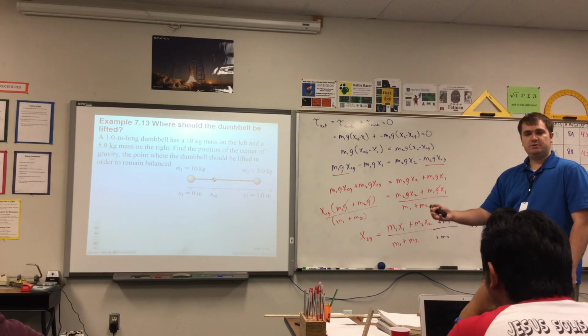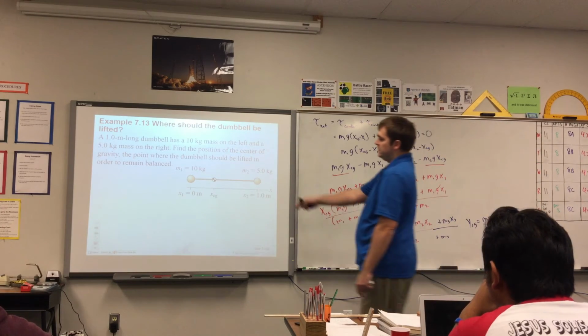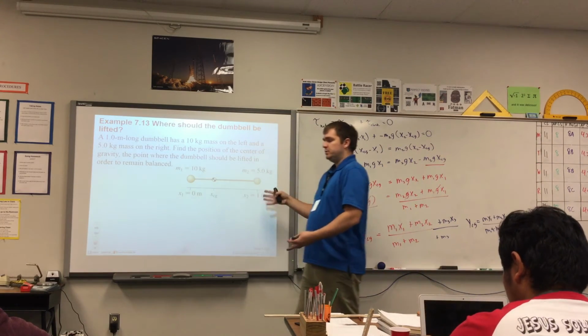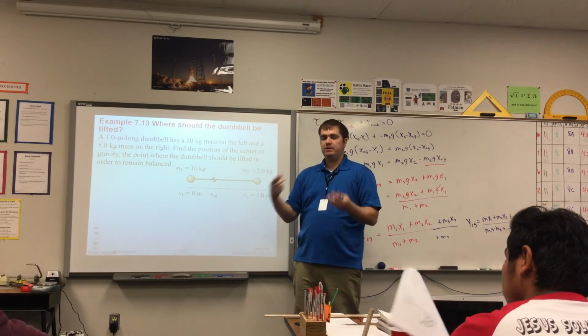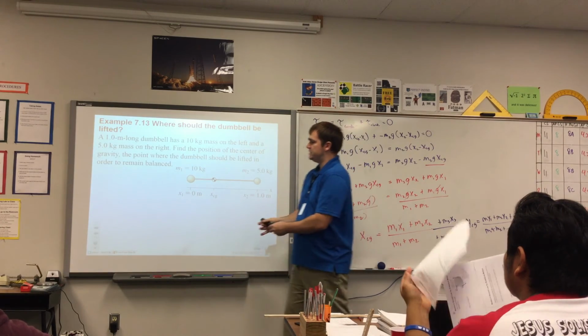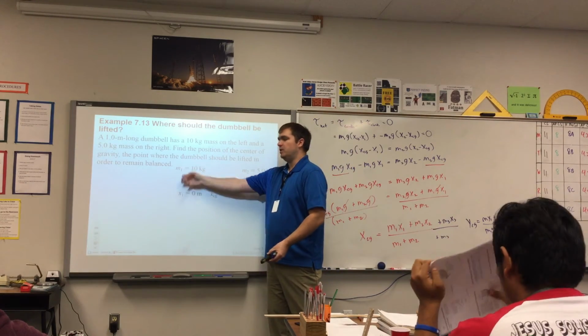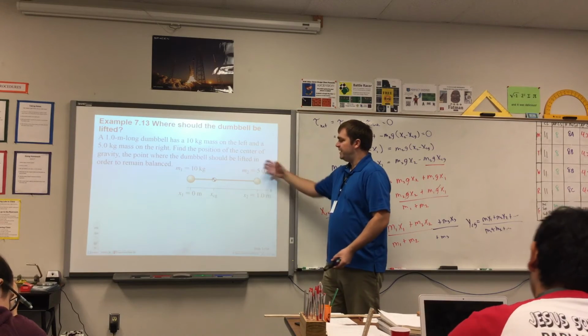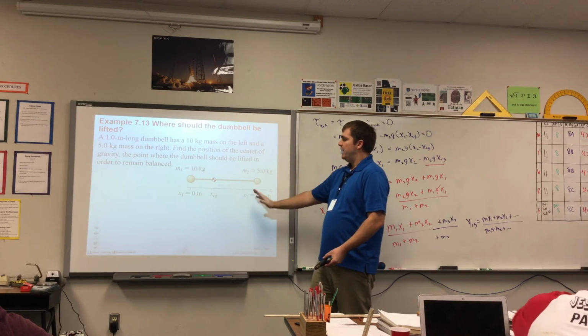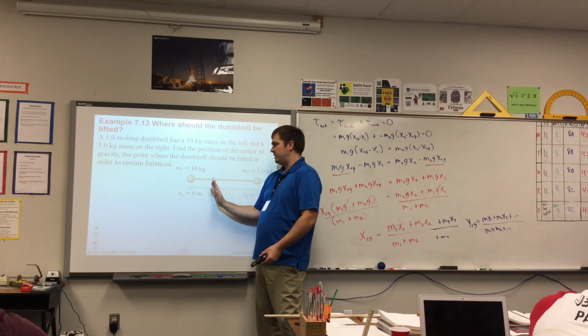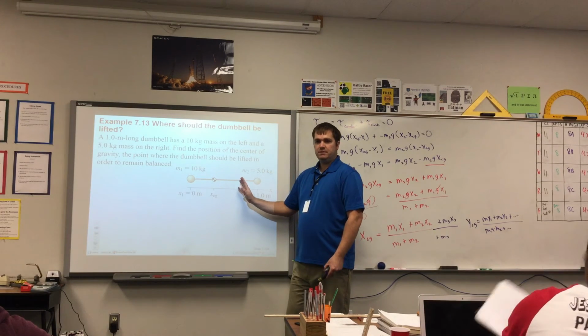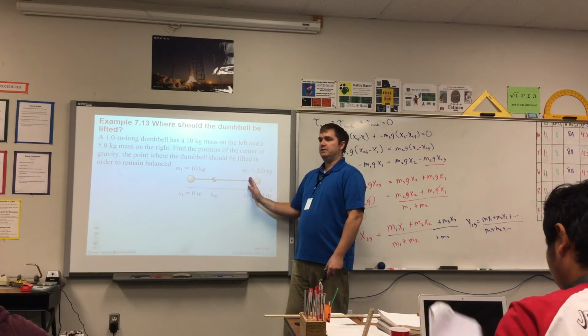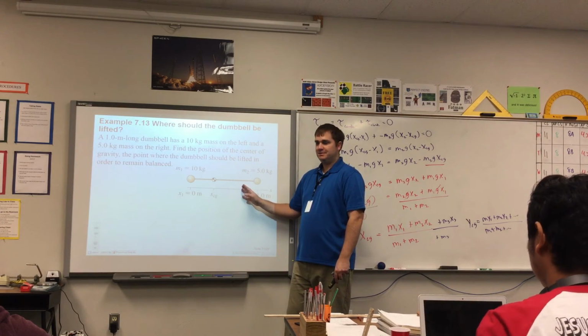So let's do a very quick example. Say you have an object which we're going to simplify, dumbing it down into just a 10 kilogram part over here and a 5 kilogram part over here, and we want to figure out where the center of gravity is. Is it going to be right in the middle? Why not? Because of the different masses.